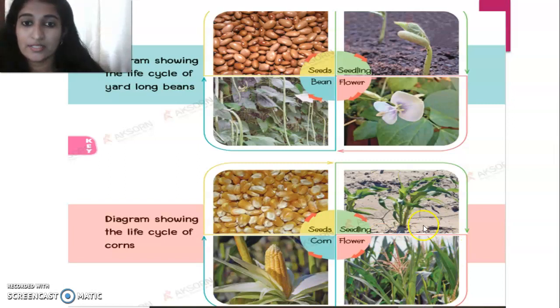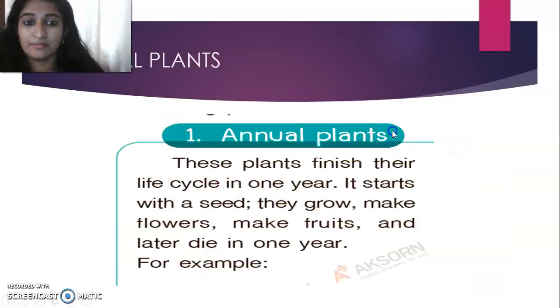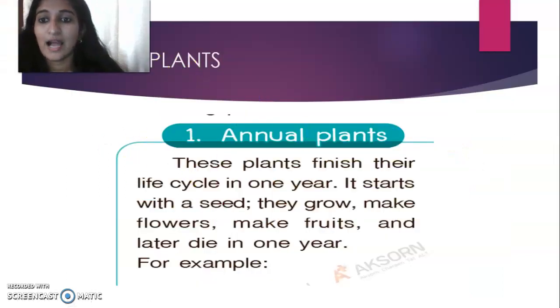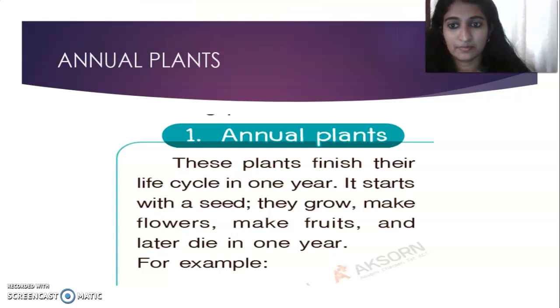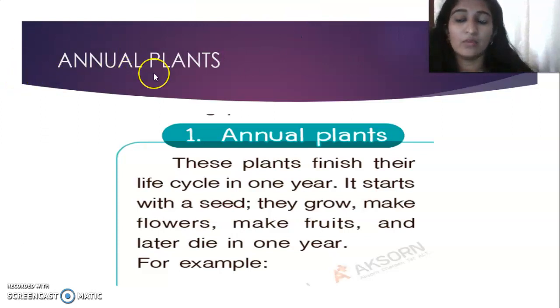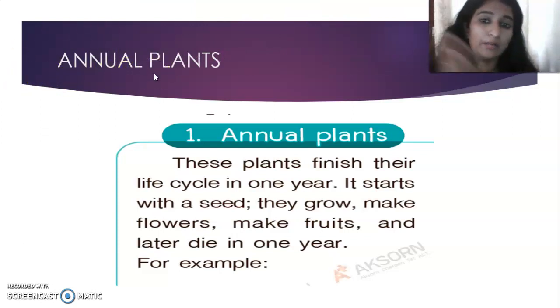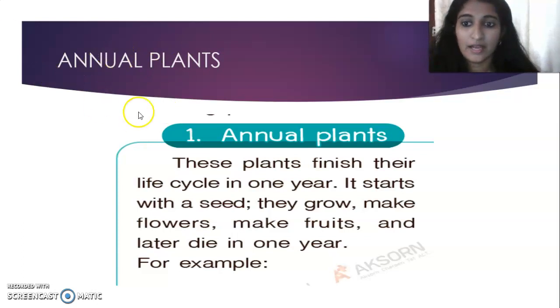Next we are going to discuss the next topic, that is annual plants. What is meant by annual plants? Annual plants are the plants which finish their life cycle in 1 year. Annual means 1 year, like the annual exam, which is the final exam.